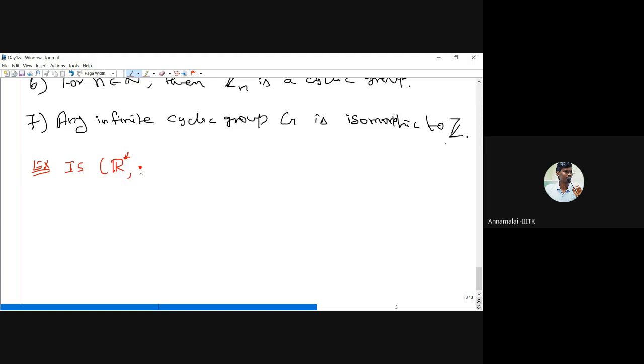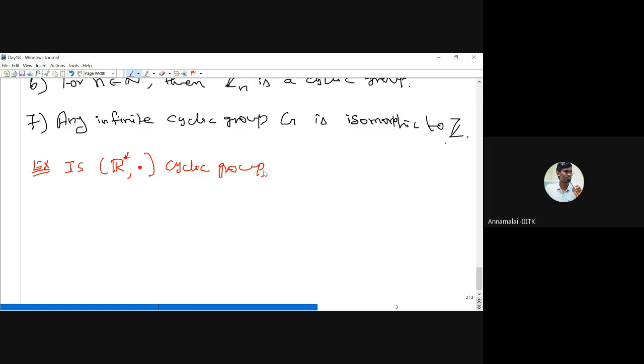Then this forms a group with respect to multiplication, because 1 is the identity element. If you take any two non-zero real numbers, the product is also a non-zero real number. All the properties are satisfied. It is a group, but we have to check whether it is a cyclic group or not. Suppose it is cyclic, then what do you know? What is the cardinality of this R star?